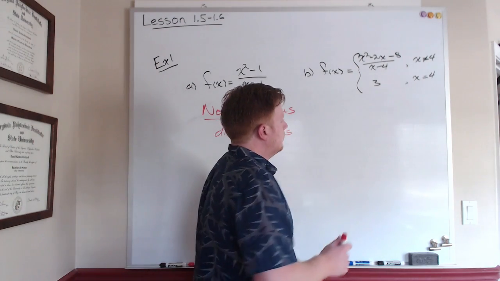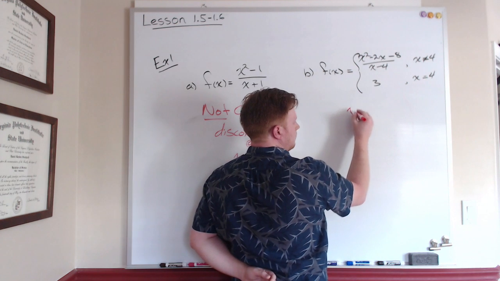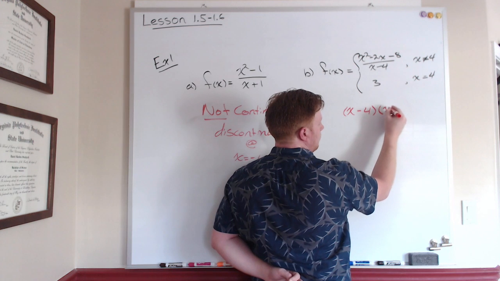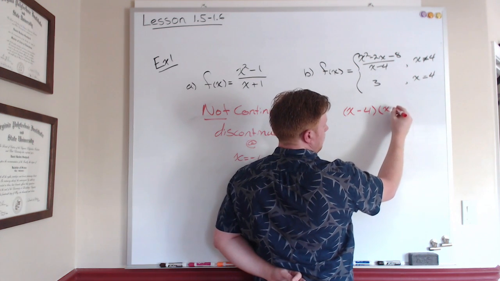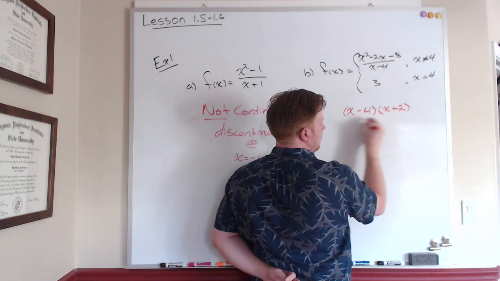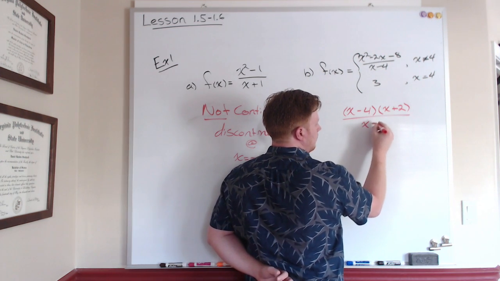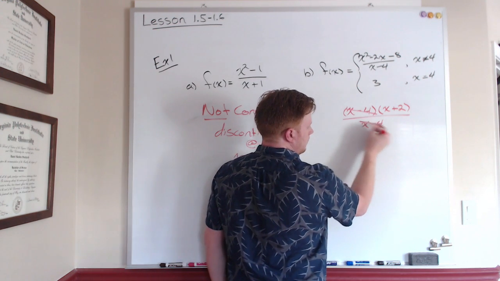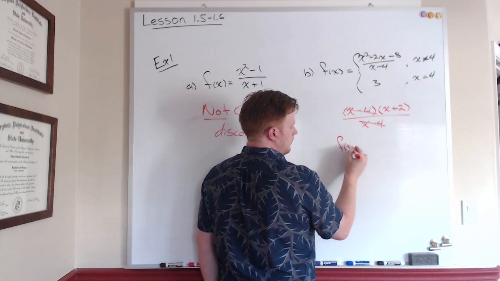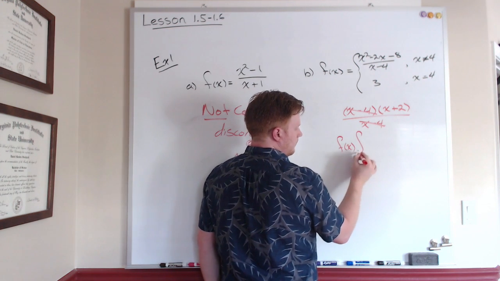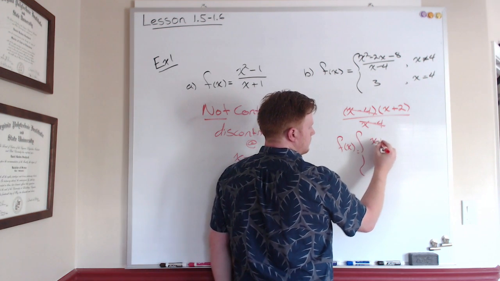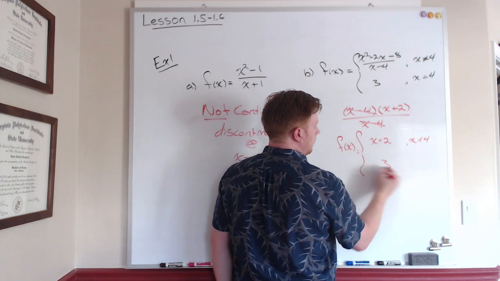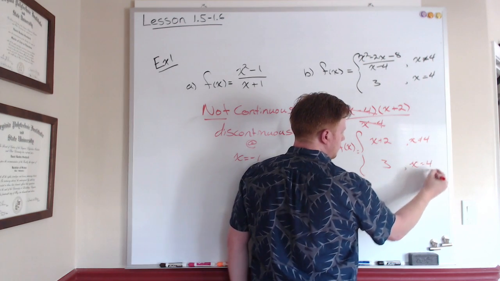However, if we simplify this top part by factoring, you see these two factors cancel out, and we could rewrite f as x plus 2, where x is not equal to 4, and 3 when x is equal to 4.